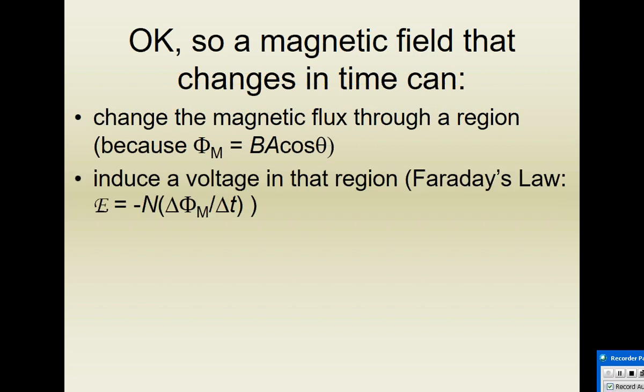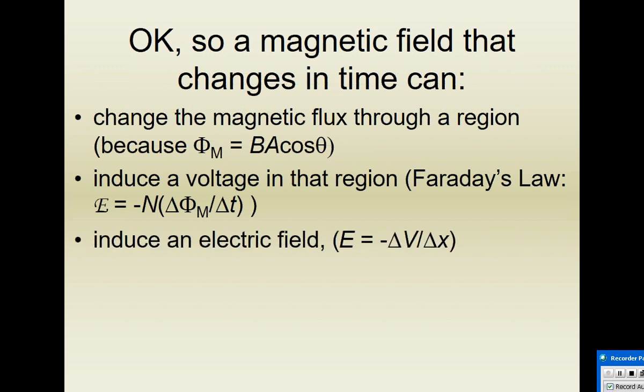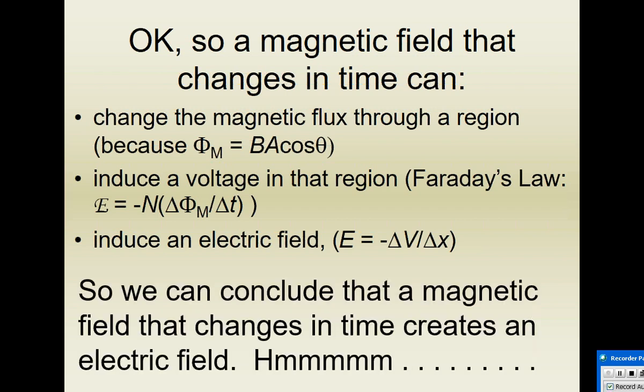The fact that the area is experiencing a changing magnetic flux means that there is going to be a voltage in that region. That's from Faraday's law. Well, if there is a voltage, it must be because there's an electric field. So what we have is that a magnetic field that changes in time creates an electric field. Not just a voltage, it creates an electric field. So one type of field creates another type of field.